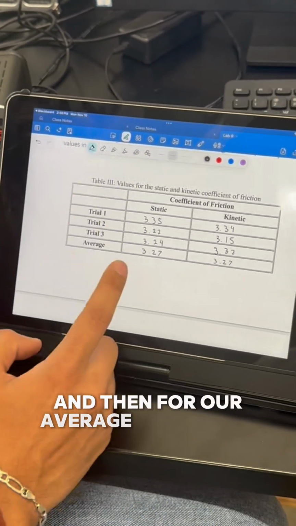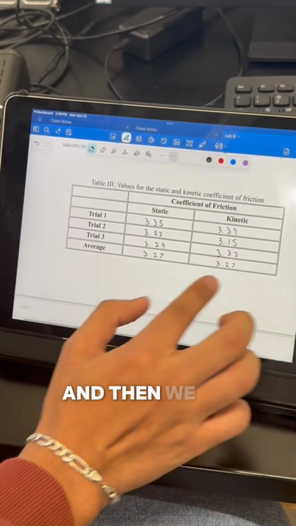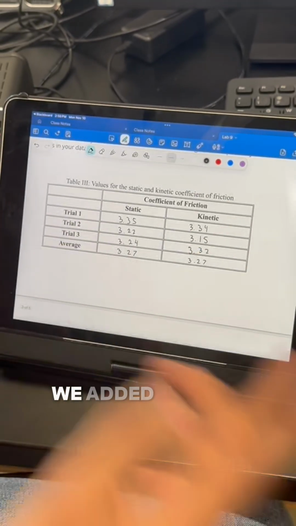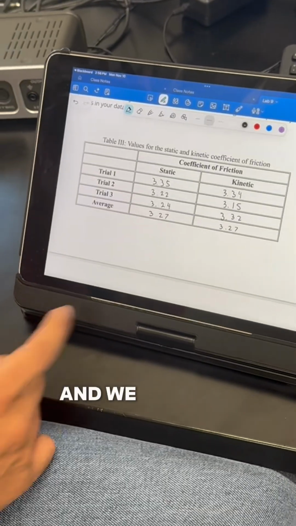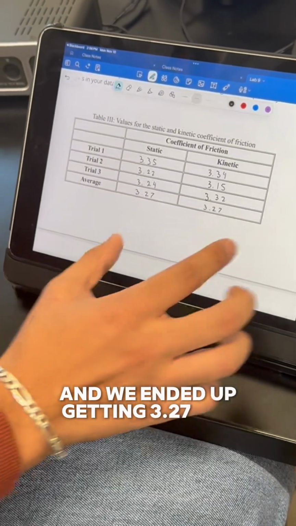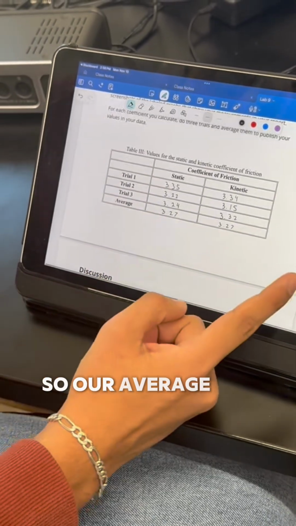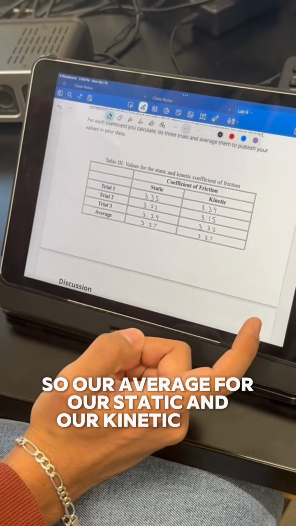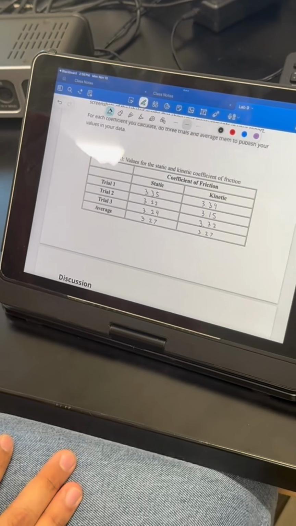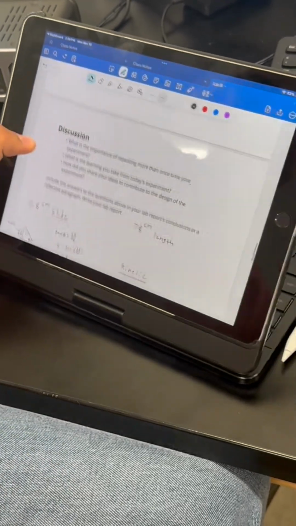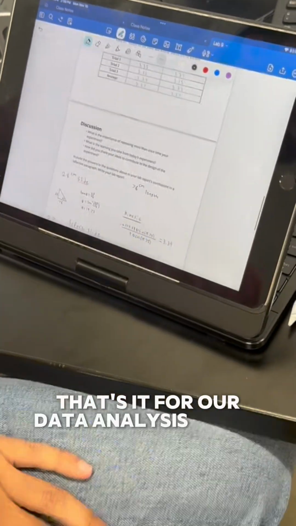And then for our average we got 3.27, and then we did the exact same thing for kinetic. We added them up, divided them by the amount of trials, and we ended up getting 3.27 for that one. So our average for our static and our kinetic came out to be 3.27. And that's it for our data analysis.